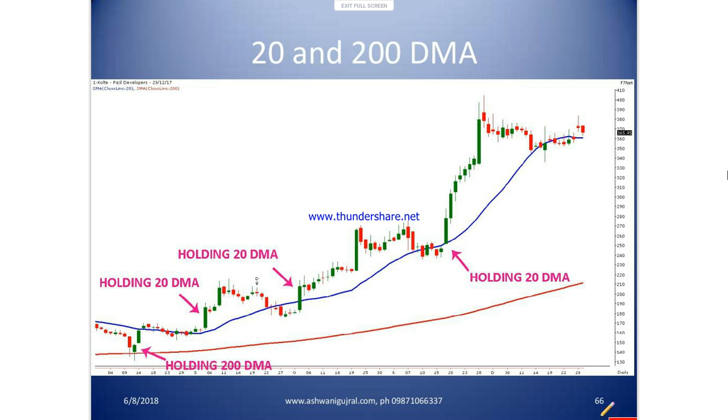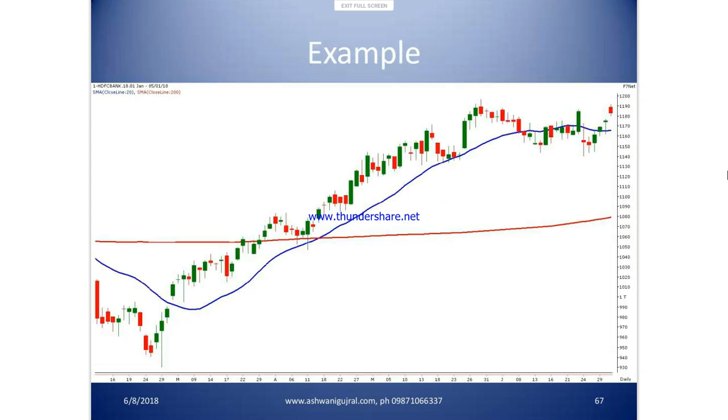DMA is daily moving average, SMA is simple moving average, but moving average is different for different time frames. So look at this one. This was coming down, right?